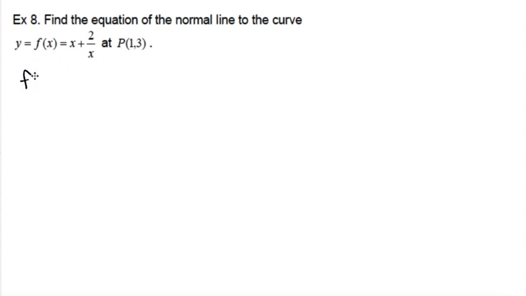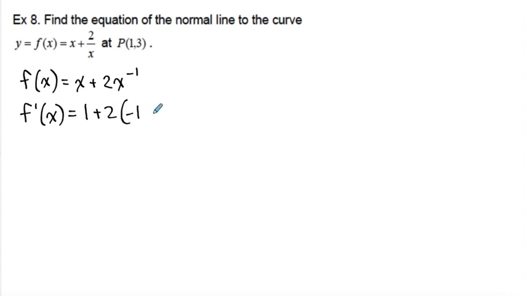I might want to rewrite this function first as x + 2x^(-1), and then the derivative is 1 + 2 times (-1)x^(-2). Cleaning this up, it's 1 - 2x^(-2), or 1 - 2/x². So this is the slope of the tangent line.